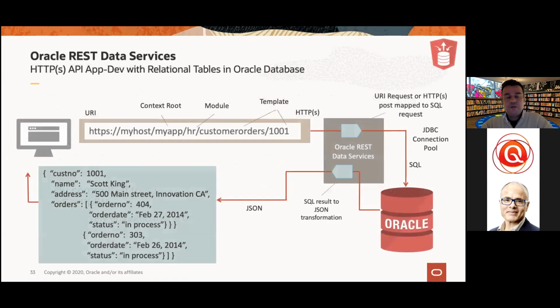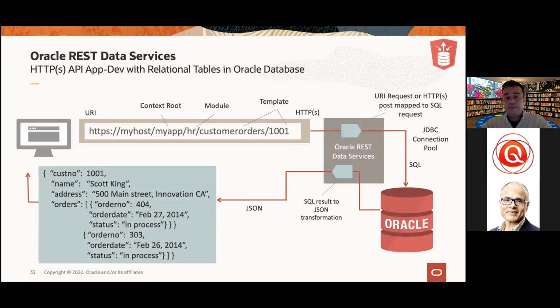And let's see how it works. Let's say you want to receive the information about one of your customers, and you have enabled the customers table from your database with REST Data Services. So you just need to type the correct URL in your browser, and Oracle REST Data Services will transform this URL into a SQL statement.